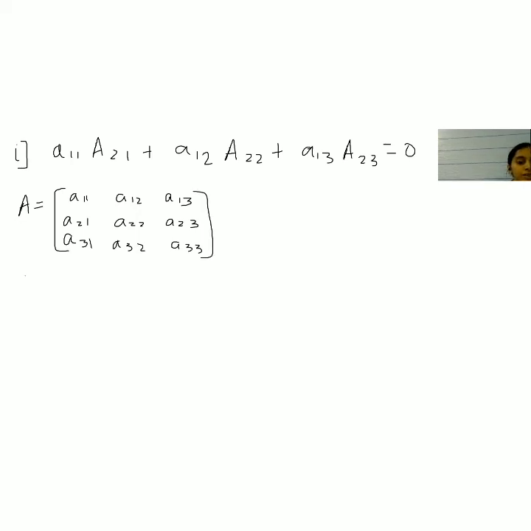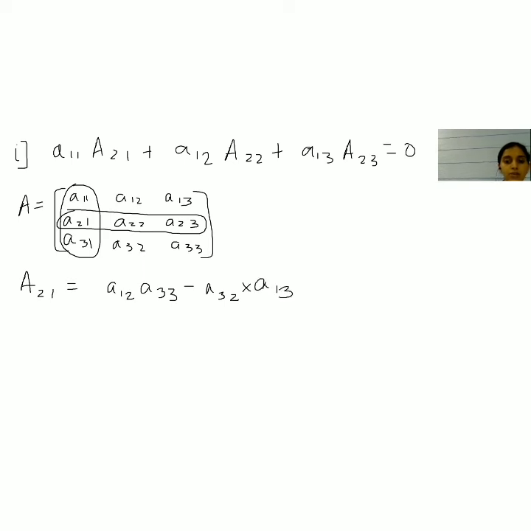Now to find A21, what do I have to do? Second row, first column. Hide them. Find the minor first. So minor will be A12 multiplied by A33 minus A32 multiplied by A13.